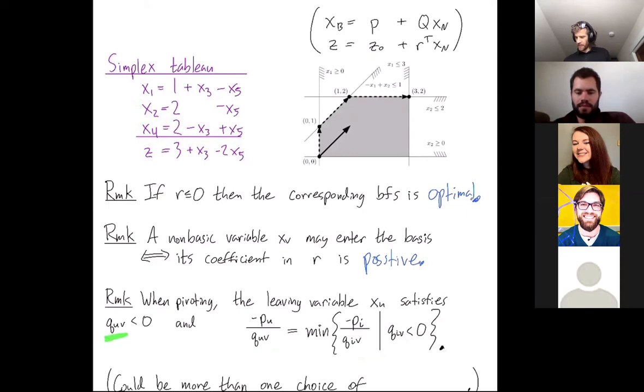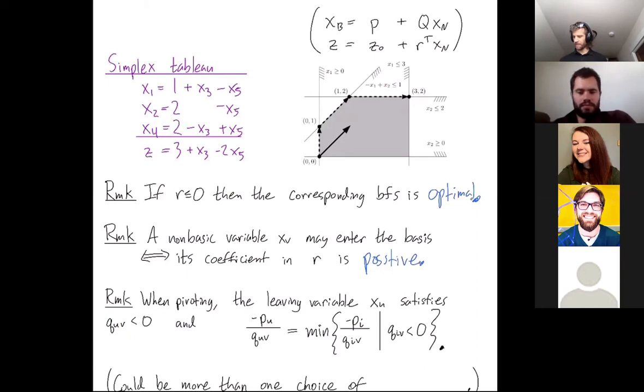This Q_uv is supposed to be one of the entries of this matrix. And for x4 to be the variable that leaves the basis, you need this coefficient here to be negative, right? So this is a -1 here, that entry of that matrix Q. And furthermore, you need, well, let's see. So how much can we increase x3 by? We can increase x3 by 2. And how did I solve for 2?